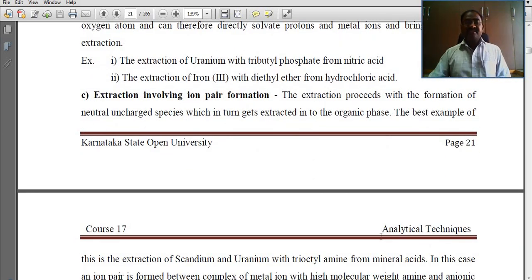The extractions involving ion pair formation. The extraction proceeds with the formation of neutral uncharged species, which in turn gets extracted into the organic phase.